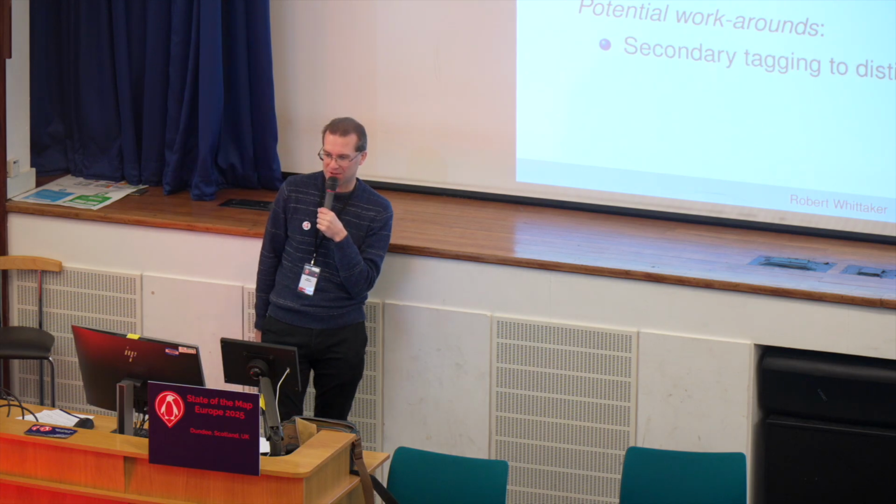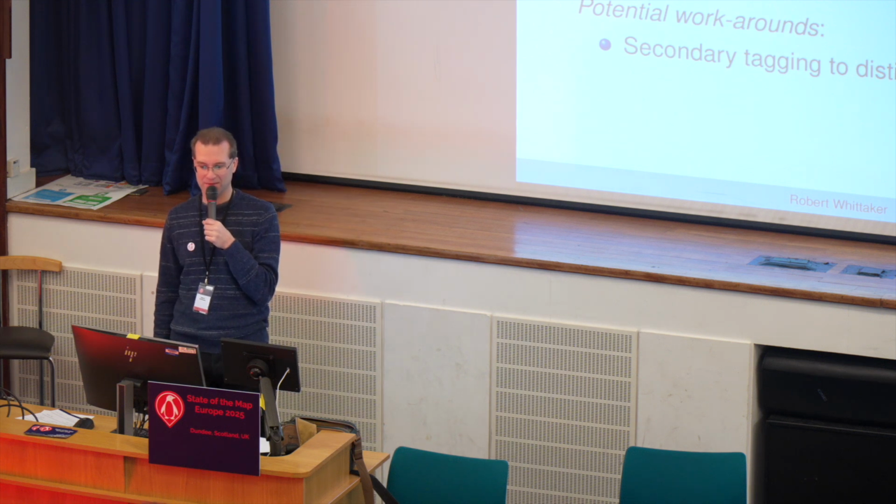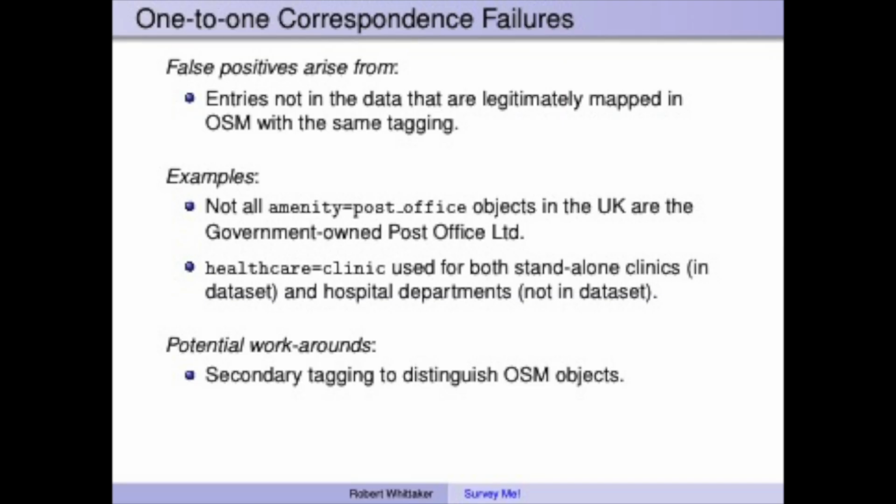You can also get false positives from entries not in the data that are legitimately mapped in OpenStreetMap. So for example, in the tool I've got to compare post offices, not all the amenity equals post office objects in the UK are what we think of as the government-owned company called the Post Office.